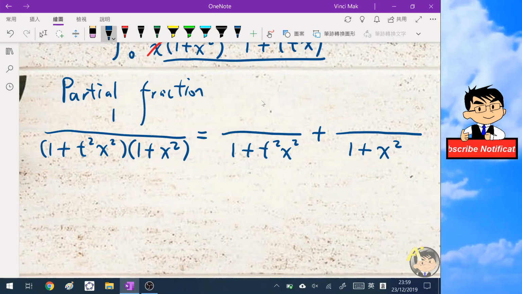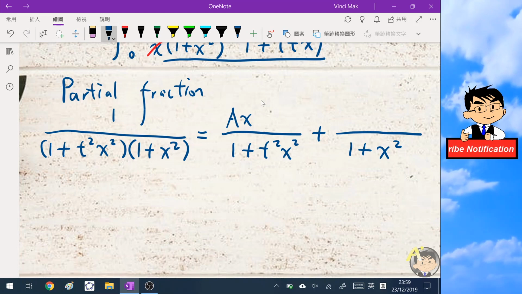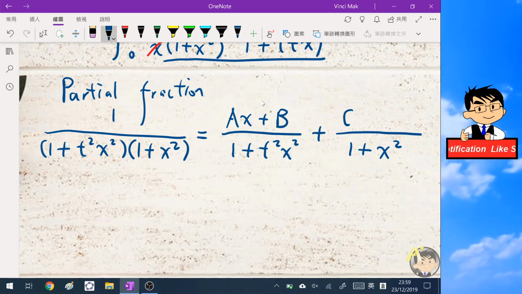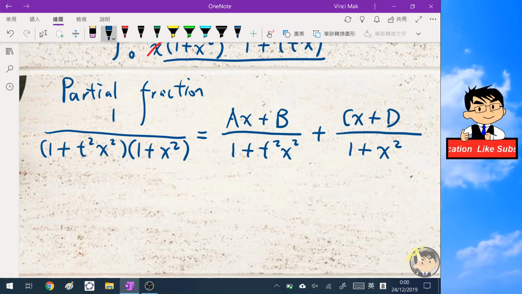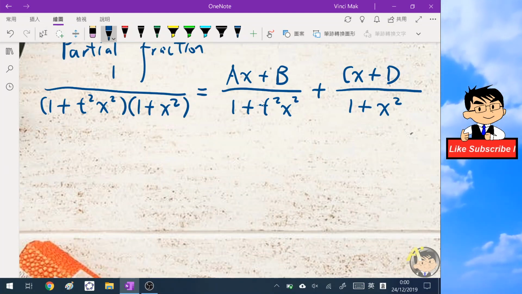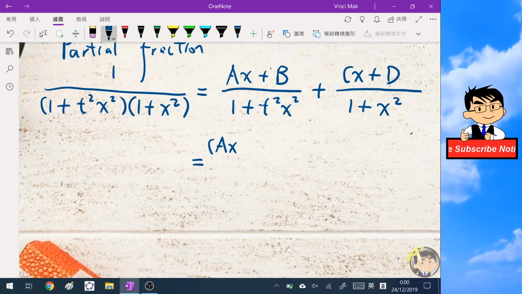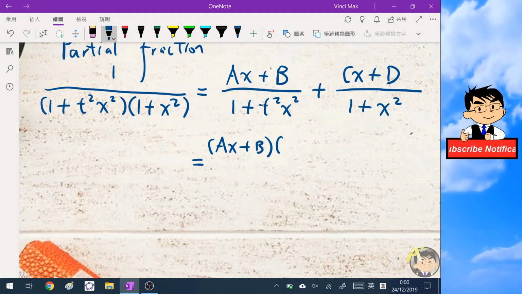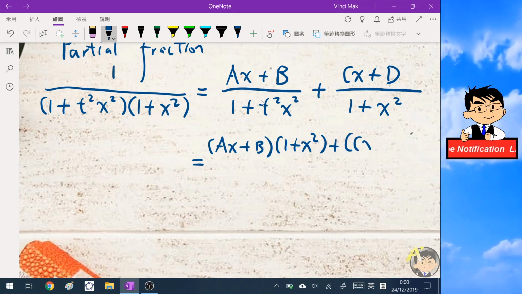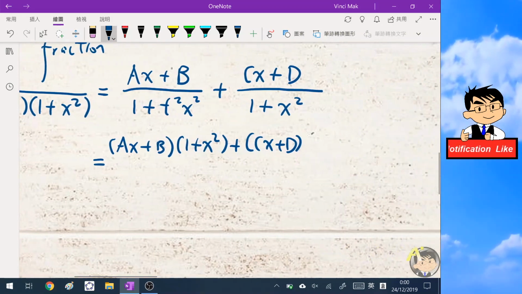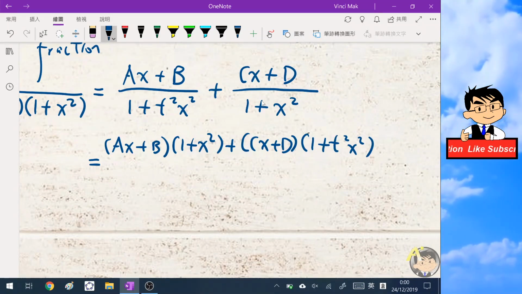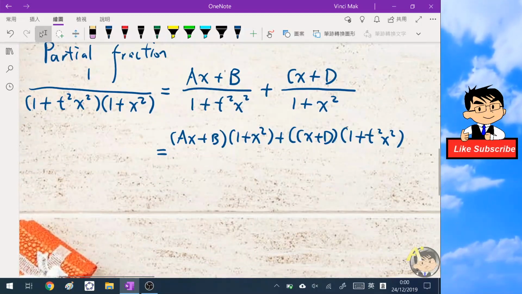And for the numerator, we need to assume it is a linear factor. So I will let ax plus b, and cx plus d. So now we will do the cross multiplication: ax plus b multiplied by 1 plus x squared, plus cx plus d multiplied by 1 plus t squared x squared. I will leave the denominator because it's the same as the left hand side.